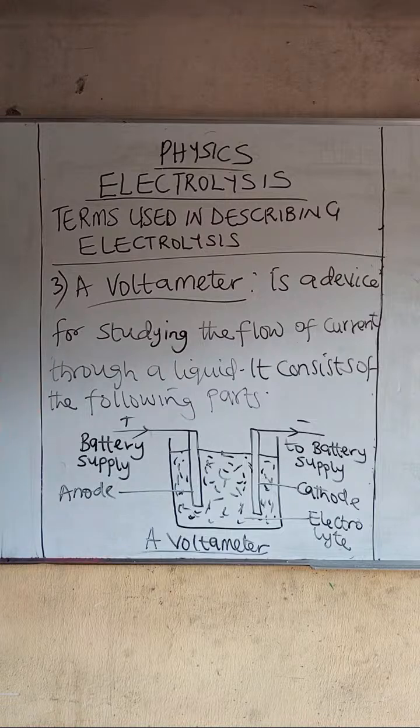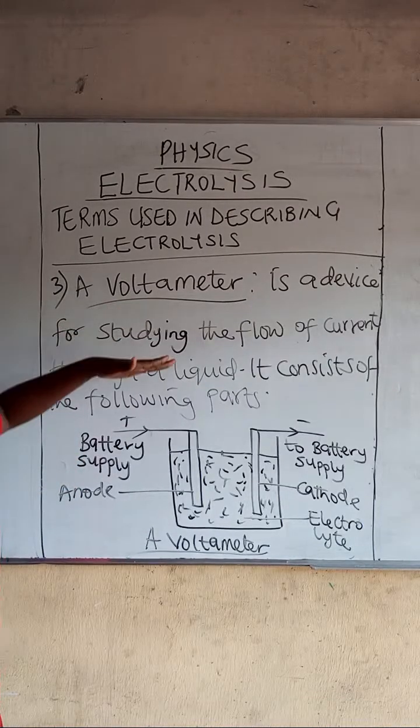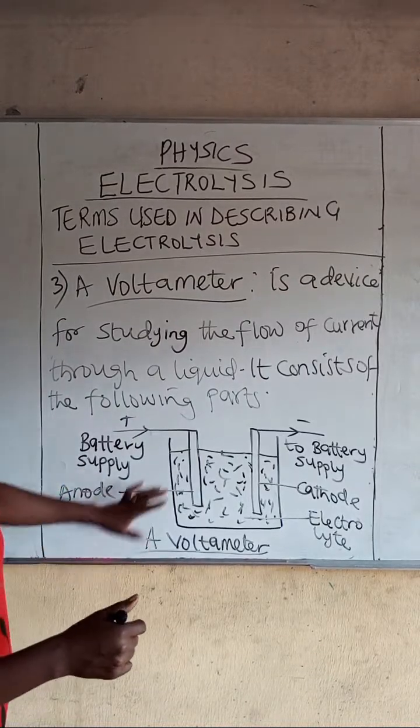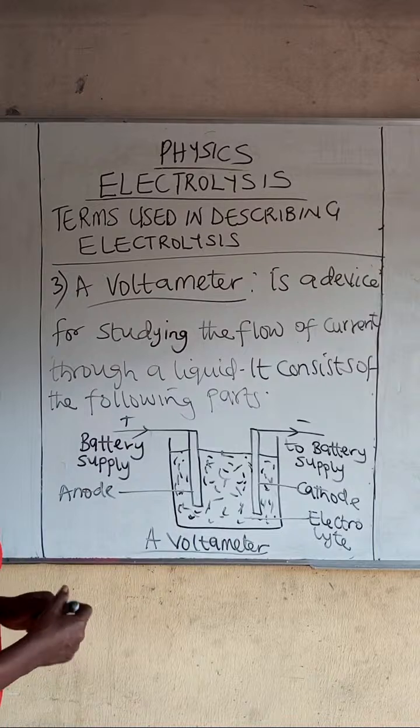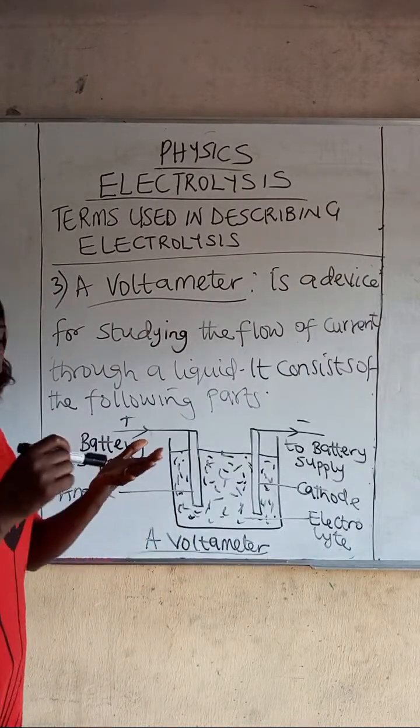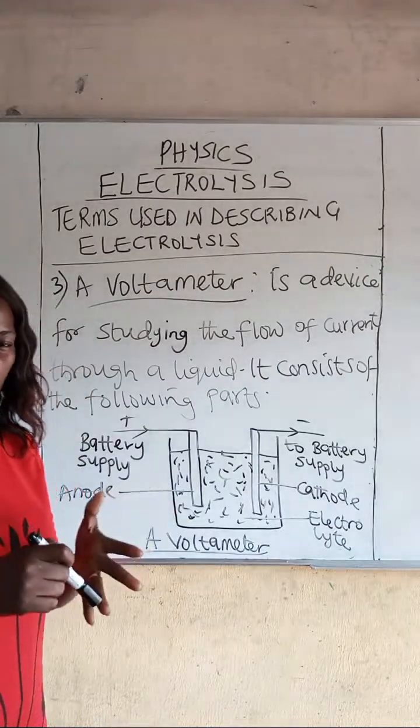A voltameter is a device for studying the flow of current through a liquid. So we use this device to study the flow of what? Current. Now it consists of the following. This is a voltameter. I told you that we have electrolytes, we have electrodes.